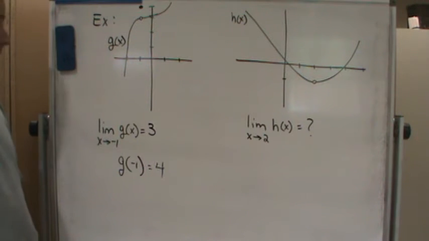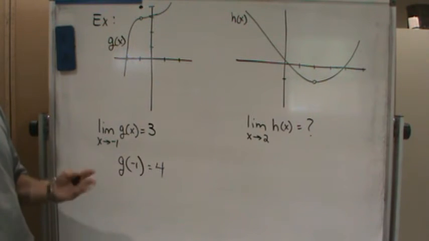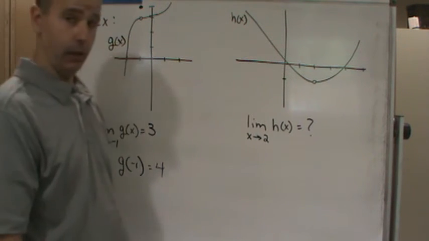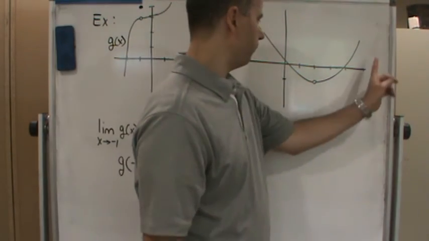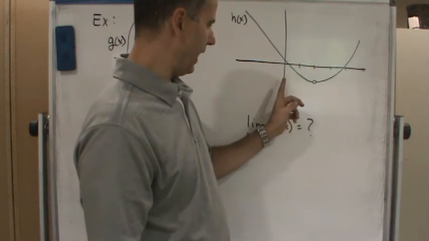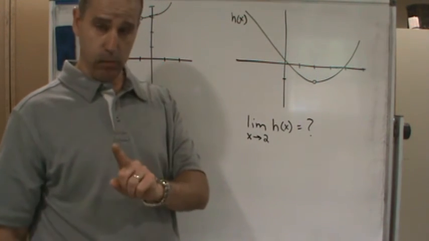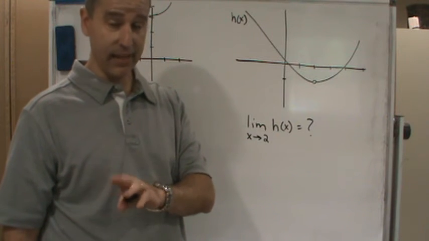In fact, the value of the function doesn't necessarily have to exist in order for the limit to exist, and that's what we're going to show you here. Because at this function, there's a hole in the graph at x equals 2. But does that mean the limit doesn't exist?